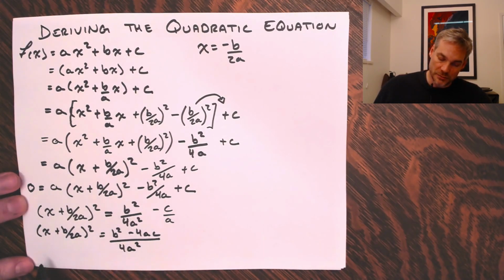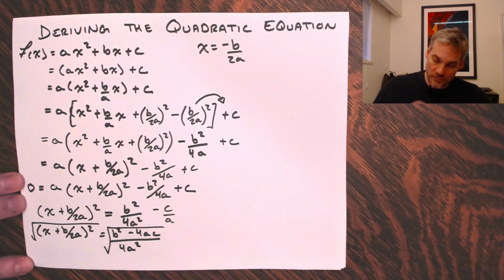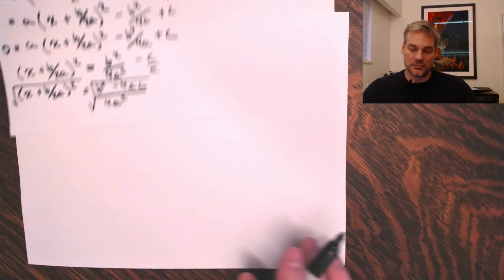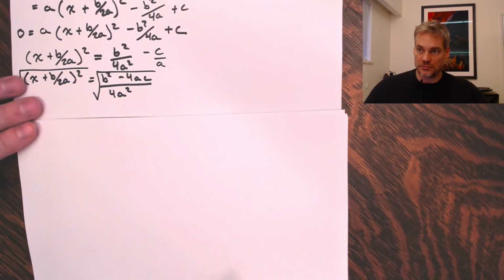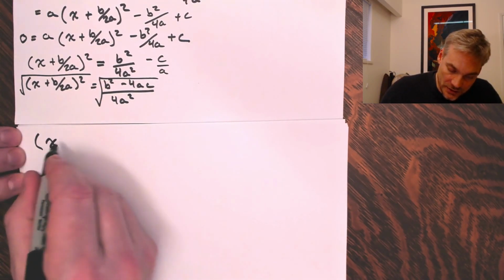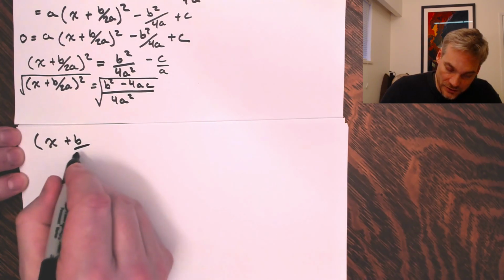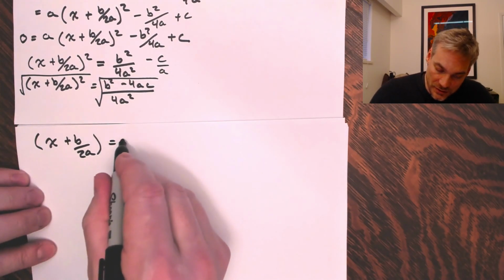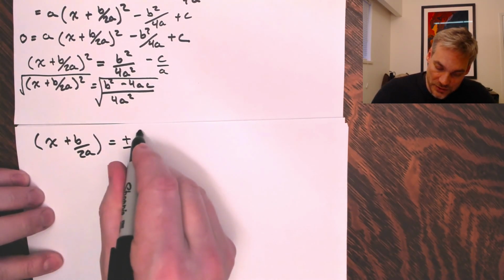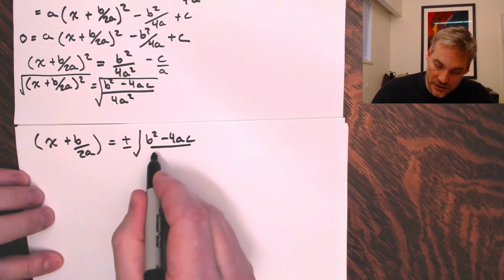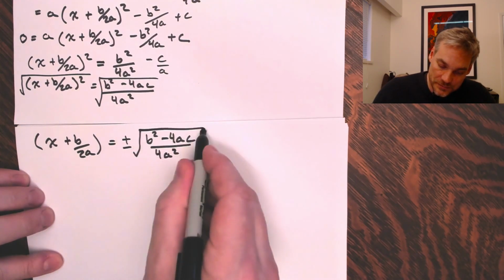I'm going to take the root of both sides. And then what I have here is x plus b over 2a equals the plus or minus root of b squared minus 4ac over 4a squared.